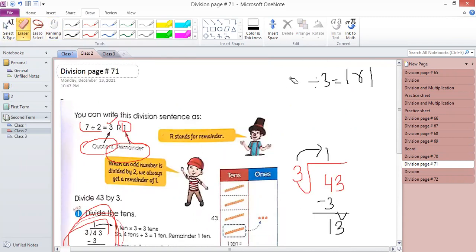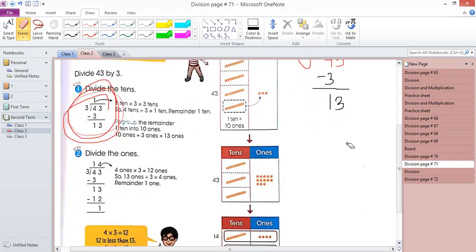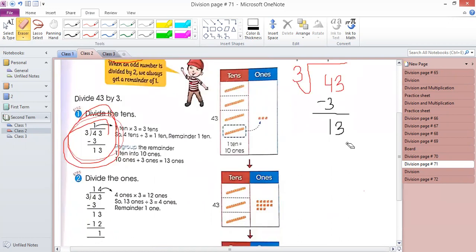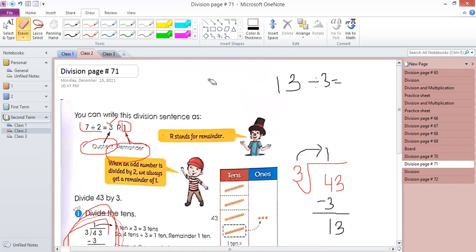So now you have to divide 13 by 3. You will check table of 3. 3 will multiply by what number to give you 13 or almost 13? 3 ones are 3, 3 twos are 6, 3 threes are 9, 3 fours are 12 and 3 fives are 15.